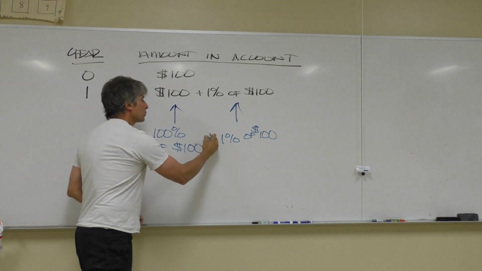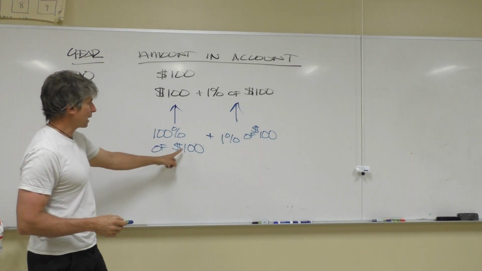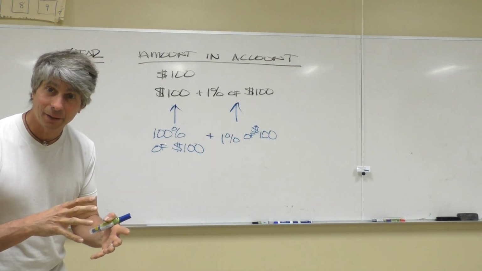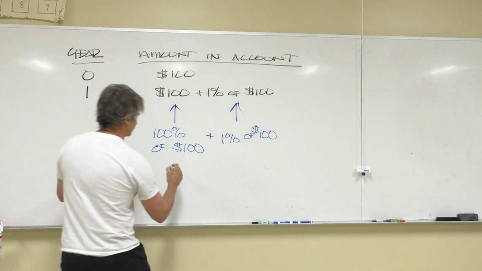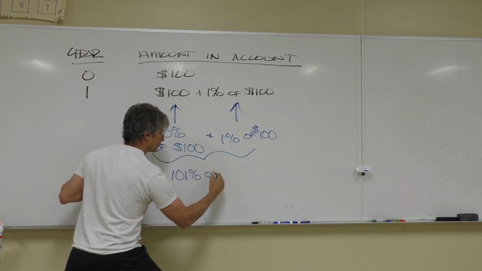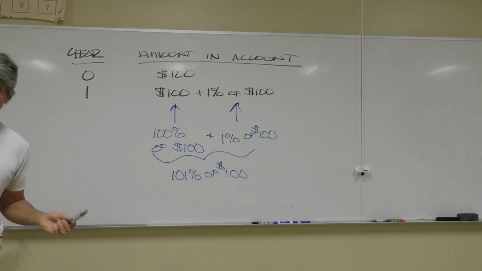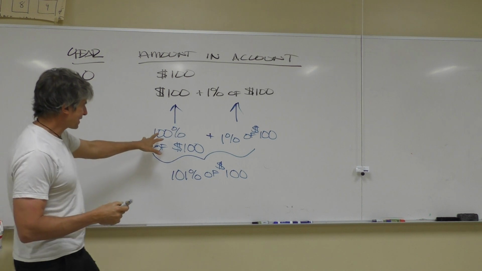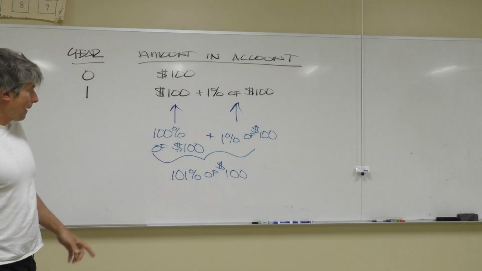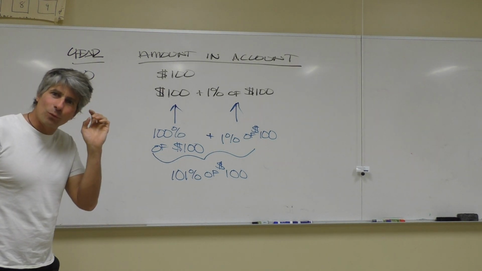If you add those two things together, hopefully this makes sense, 100% of $100 and 1% of $100 is going to be 101% of $100. Since you have the same base of $100, you can just add the percentages.